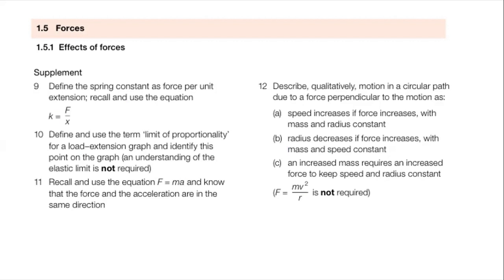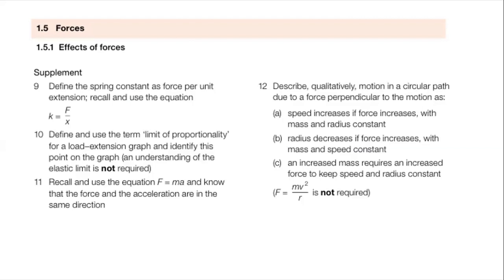11th one, recall and use the equation F is equal to ma and know that the force and the acceleration are in the same direction. 12th one, describe qualitatively motion in a circular path due to a force perpendicular to the motion as: A, speed increases if force increases, with mass and radius constant.